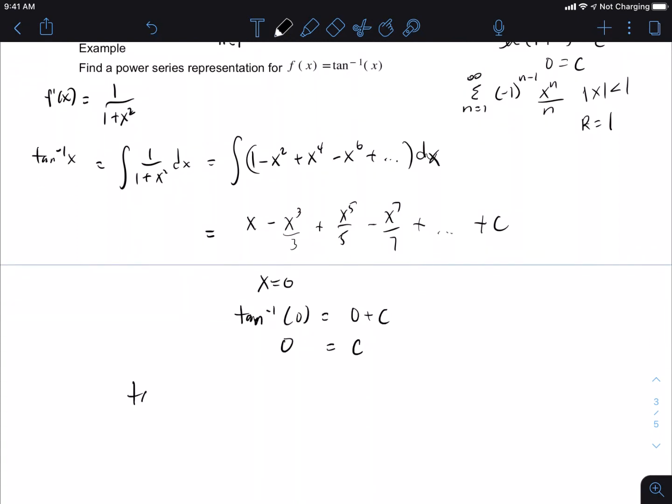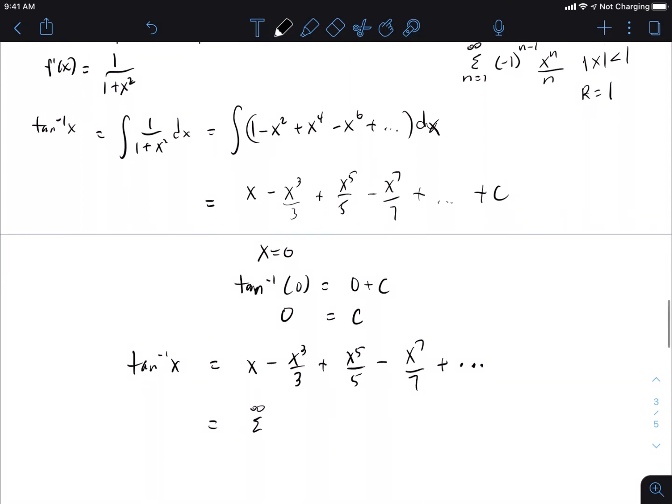And so the result is tan inverse of x is equal to x minus x cubed over 3 plus x to the 5th over 5 minus x to the 7th over 7 plus dot dot dot, which we can write as a sum, n equals 0 to infinity of negative 1 to the n of x to the 2n plus 1 over 2n plus 1, with a radius of convergence of 1.